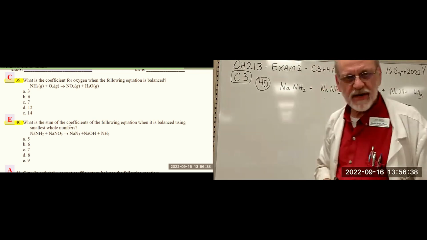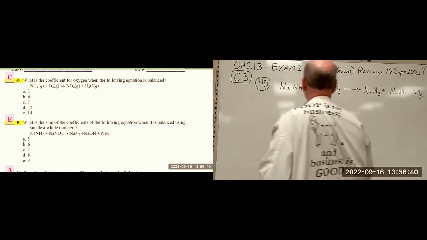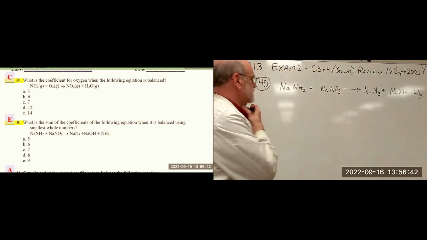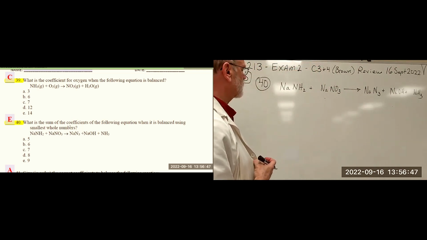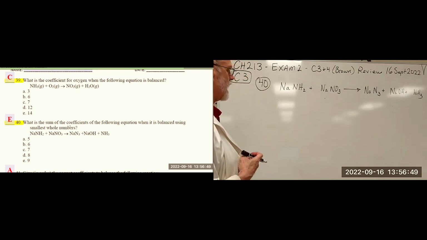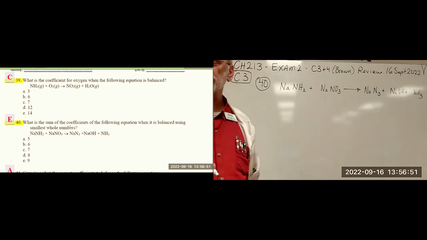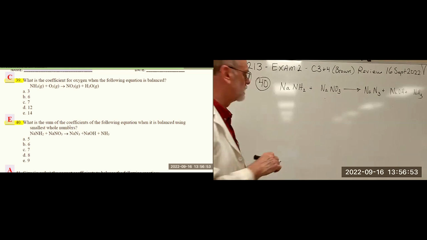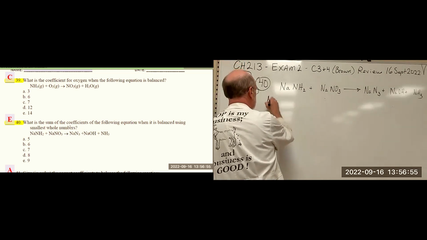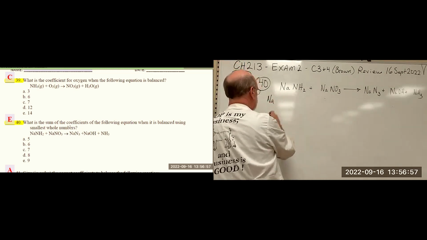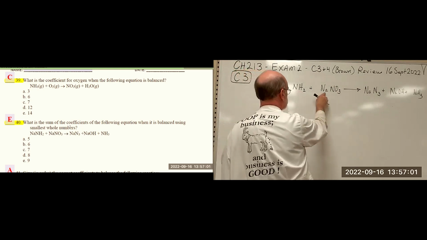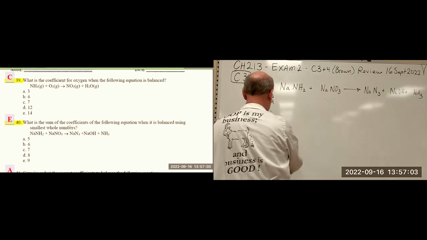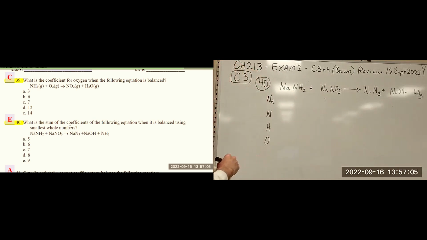Okay, sum of the coefficients. Let me back up and take a look at this thing. There are no polyatomics that are untouched during the reaction, so we've got to account for each element separately. Sodium, nitrogen, hydrogen, sodium, nitrogen, hydrogen, sodium, nitrogen, oxygen. That should be everybody.